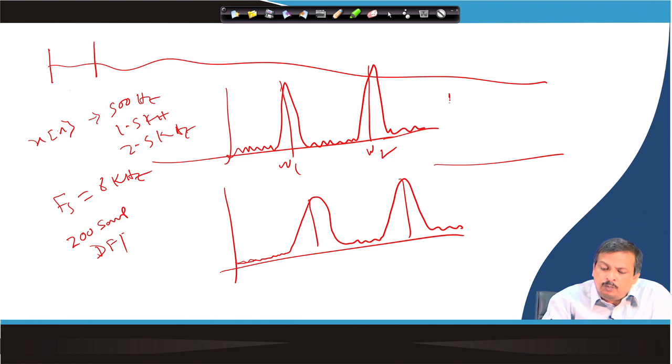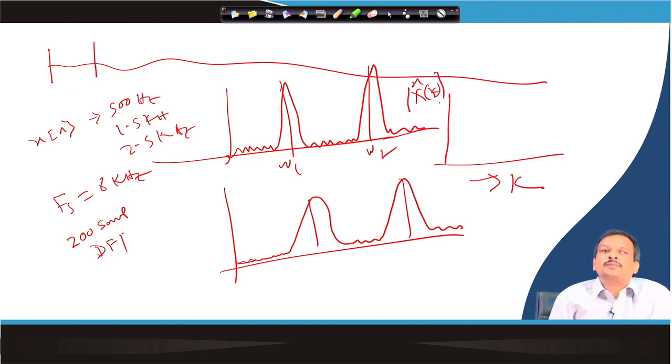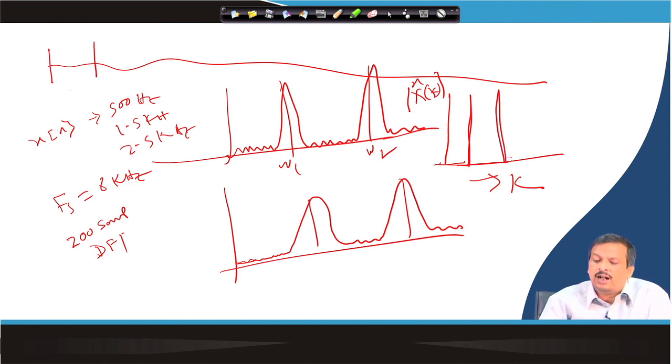So, I want the plot where this axis is k and this axis is the mod of X k cap. Then you can see. So, ideally what do you expect? You expect a single spike at 500 hertz, 1.5 kilohertz and 2.5 kilohertz, depending on the amplitude you have multiplied.